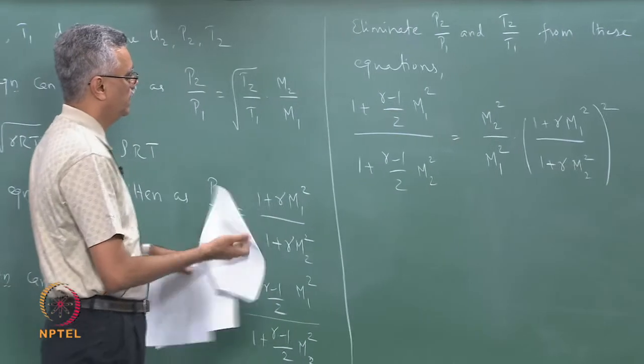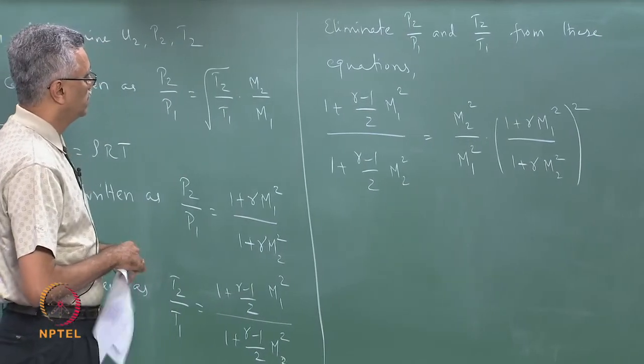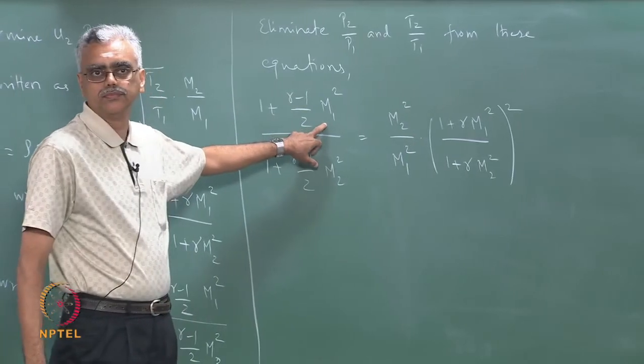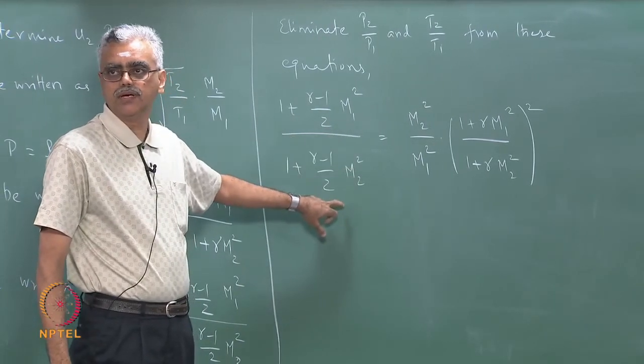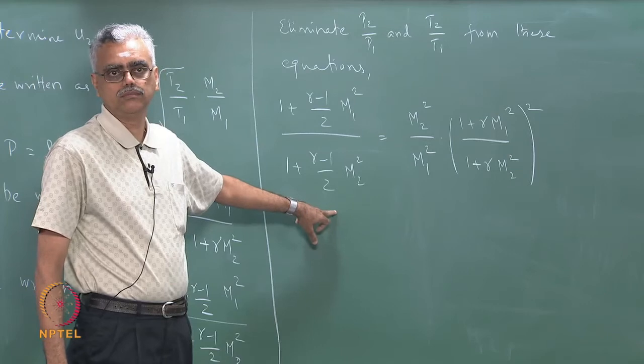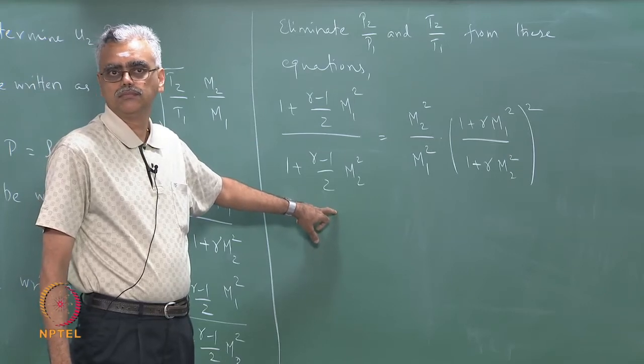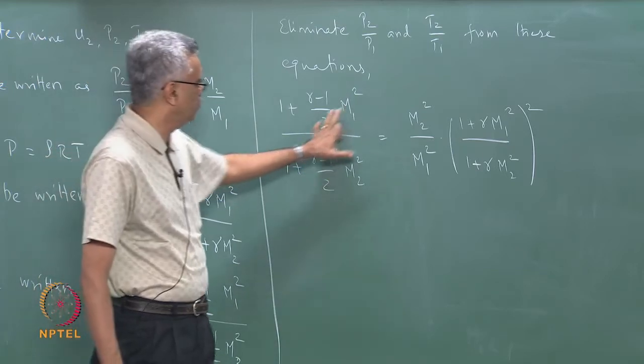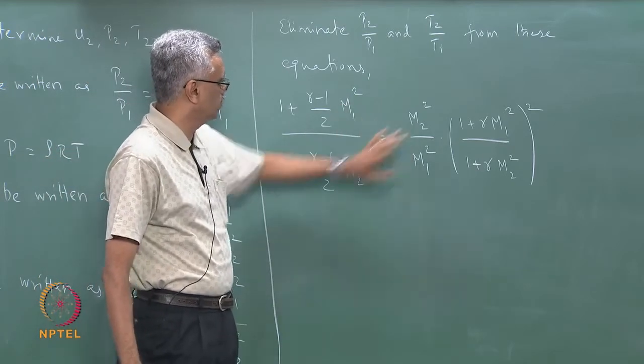This is the equation that I end up with. Notice that since I know U1 and T1, M1 is known. So I have a single equation where M2 is the only unknown. So I have managed to write everything in terms of one equation with one unknown.